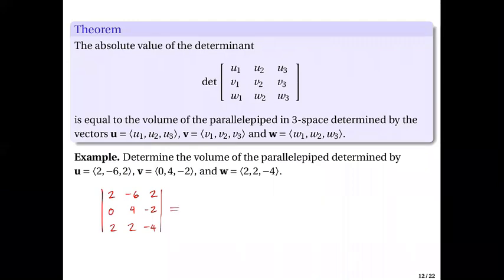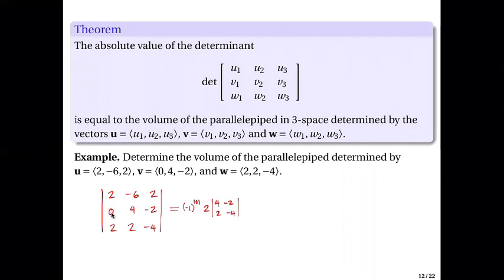So in here, let's use cofactor expansion, just to have some practice on that. I'm doing cofactor expansion along the first column. So -1 raised to 1 plus 1 times the determinant for -2 to -4.